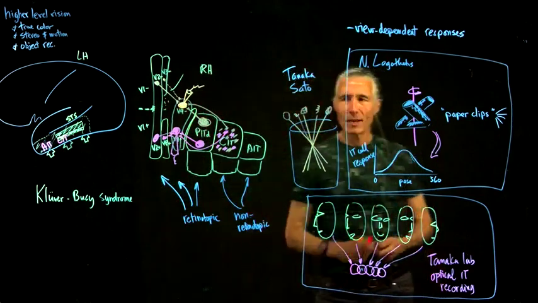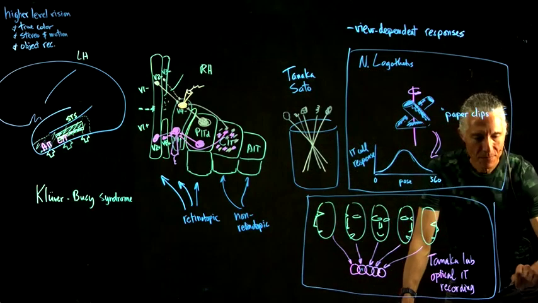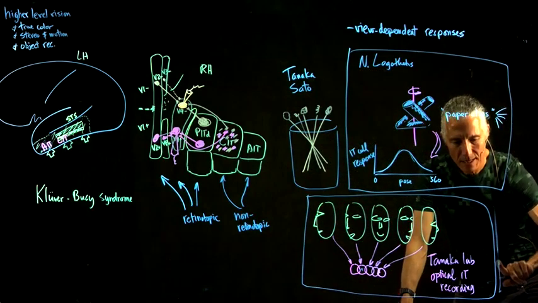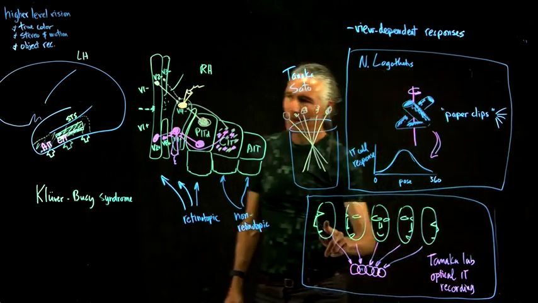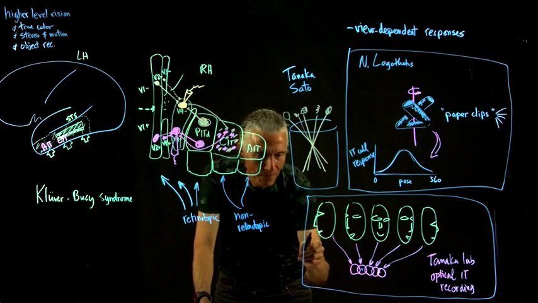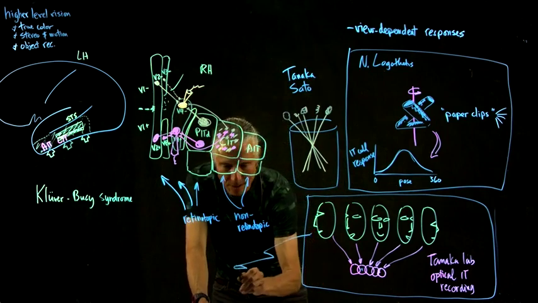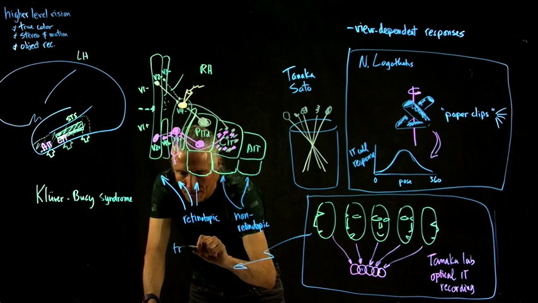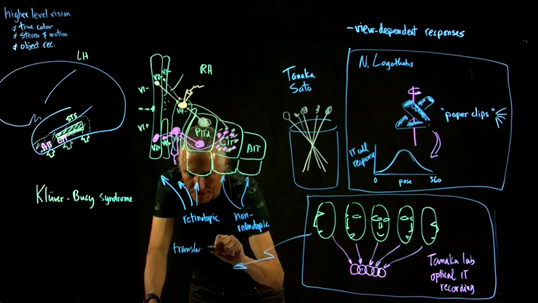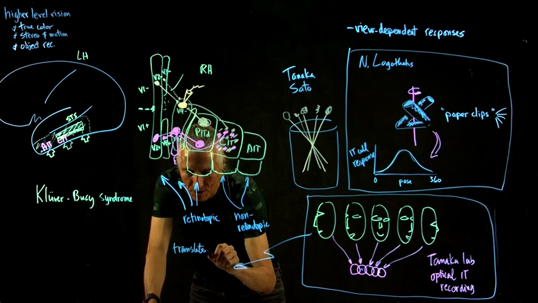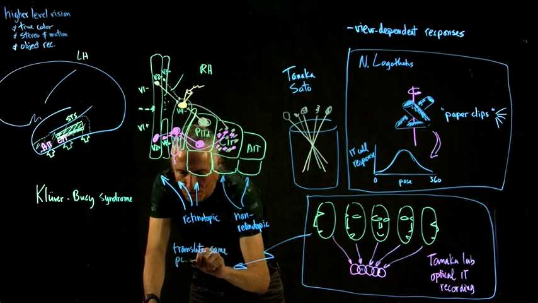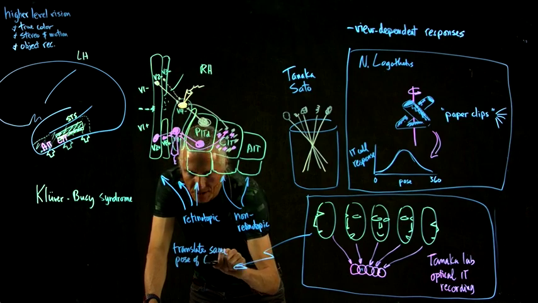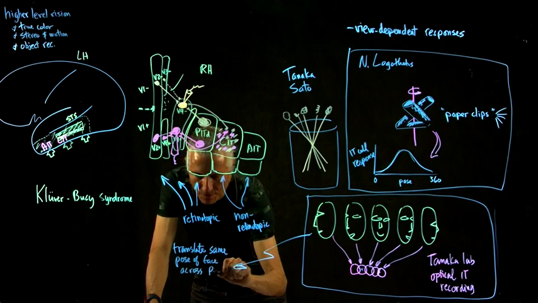They also did another test, which was just translate. So if you find a cell that likes a face, say a side view of the face, you can do another experiment, which is to just translate the same pose of the face across the receptive field.